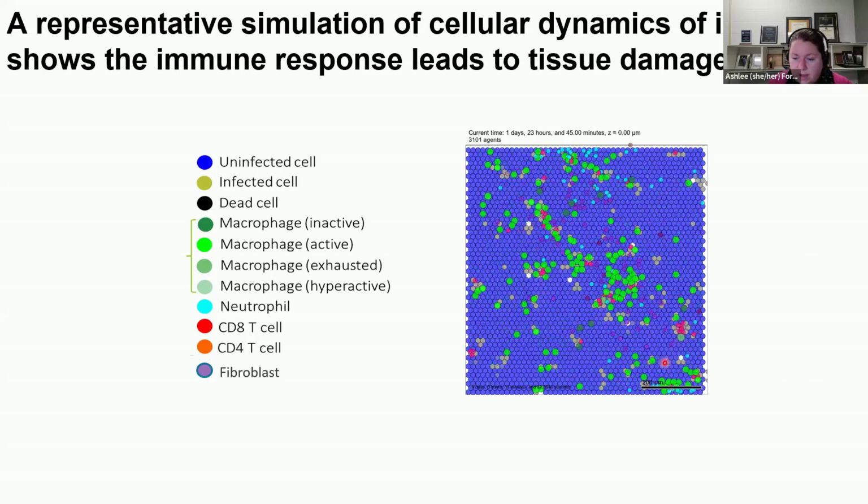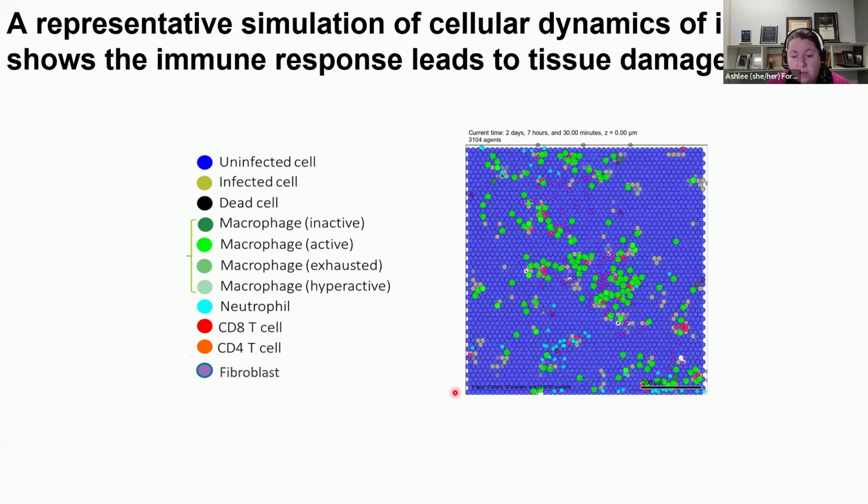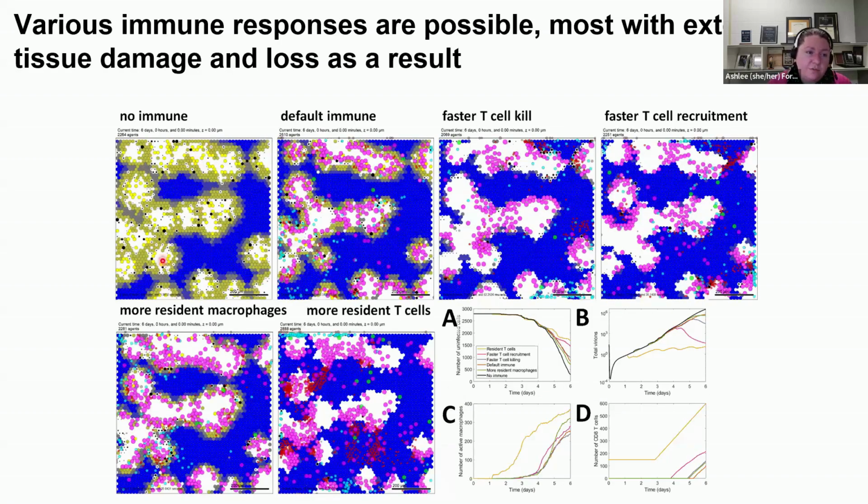But what you'll notice is as this evolves over time, you start to see holes form in this tissue. And if we let this evolve, we'll eventually have depleted almost all of the tissue. So we explored different immune responses, different rates of different processes in the immune cell recruitment and the roles of different immune cells, but you get these really large portions of the tissue that are just decimated by this infection.